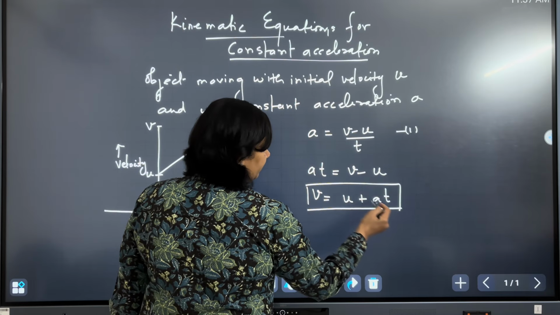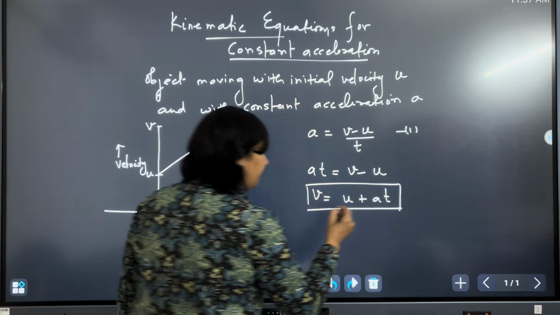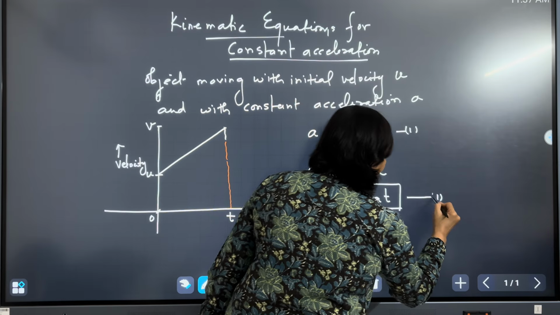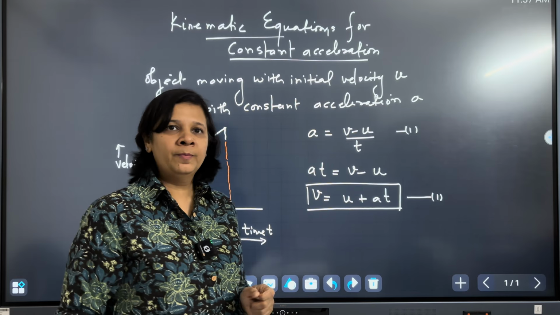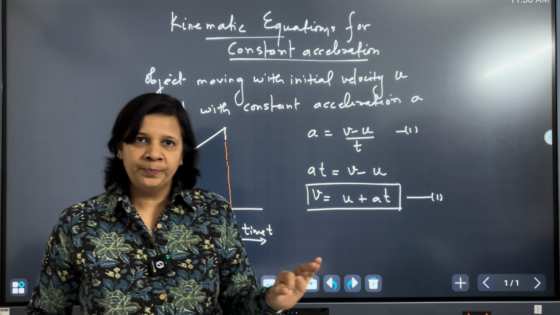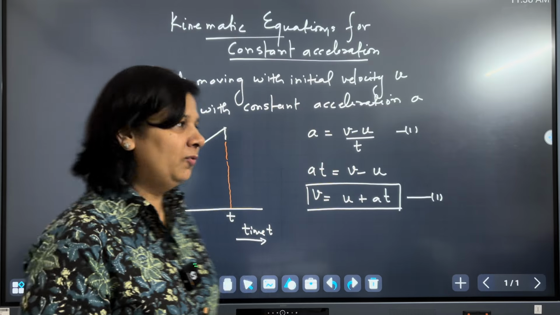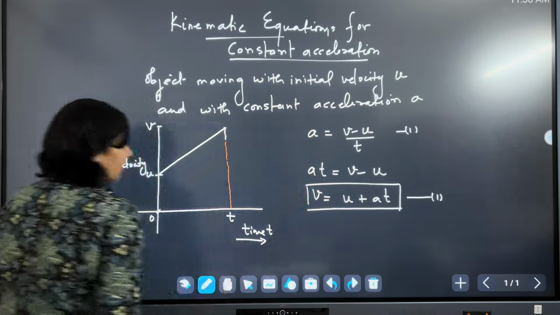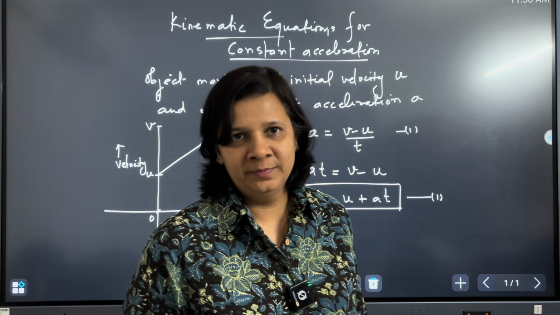So, from this same definition of acceleration, we get the first kinematic equation which will help us to find velocity of an object moving with some initial velocity u, moving with a constant acceleration a, and after time t, what will be its velocity.